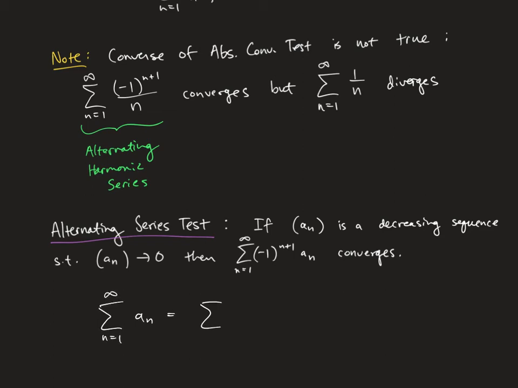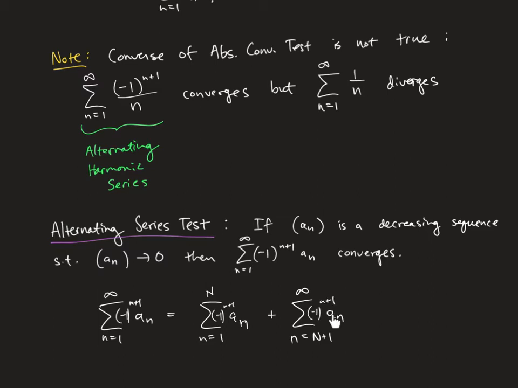We can always write that as the sum from n equals 1 to, say, capital N, where we can let the series do whatever it wants for those first big N terms, and then we can take the series from that point onwards, from big N plus 1 to infinity, as long as the sequence is decreasing from here, then we can just apply this alternating series. I meant to write (-1) to the n plus 1 here, so (-1)^(n+1) times a_n.